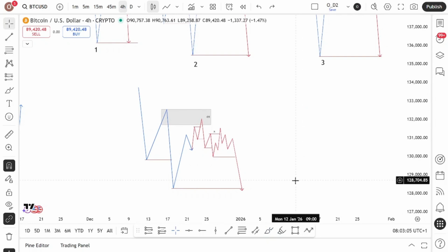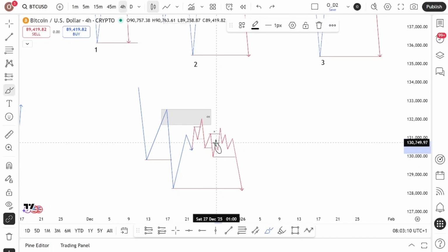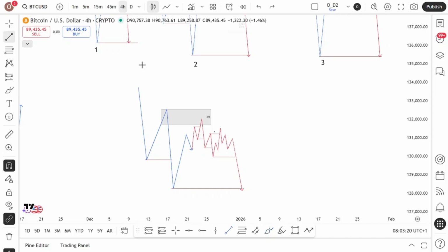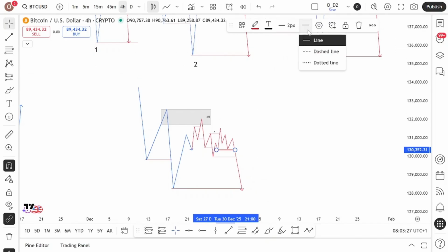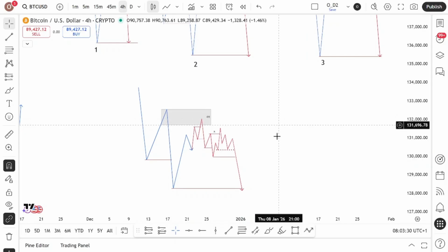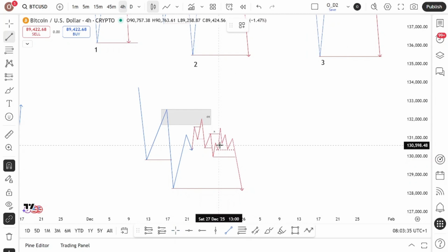So now, after the inducement, notice that there's an internal structure here that is supposed to be broken, and then you now see a pullback. So now you are anticipating this guy to happen. Now, unfortunately, that does not happen. What now happened was price induced and gave you a new internal structure, still on that time frame.